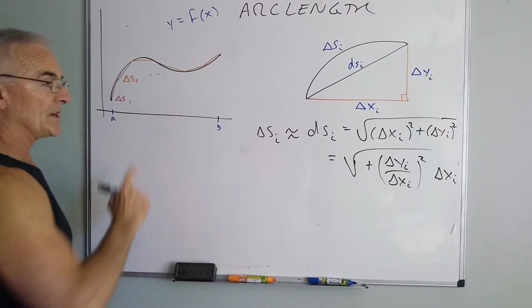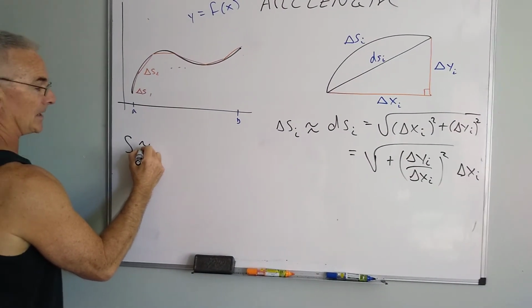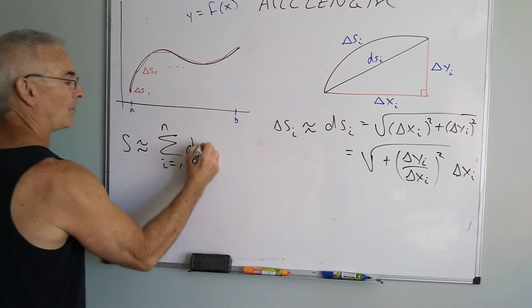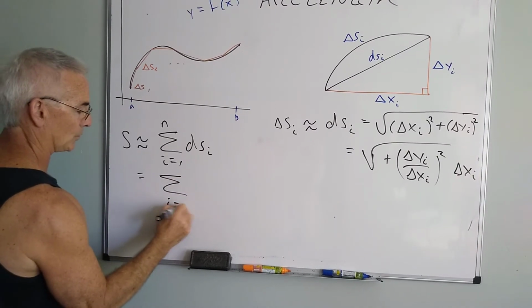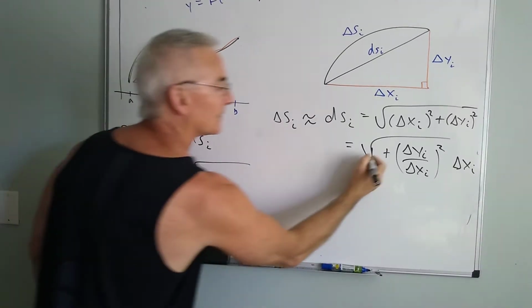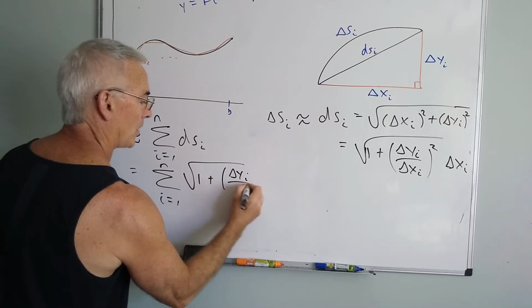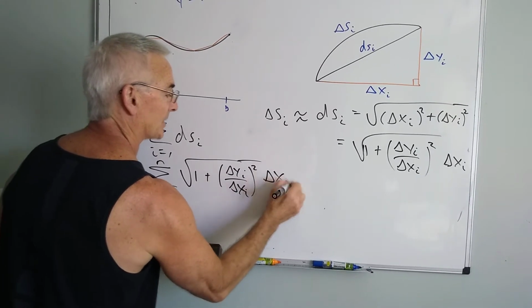So we see if I wanted to add these up, a reasonable estimation would simply be the sum from i equals 1 to n of all the little line segments, which would be the same as saying the sum from i equals 1 to n of this quantity, 1 plus (delta yi over delta xi) squared, times delta xi.